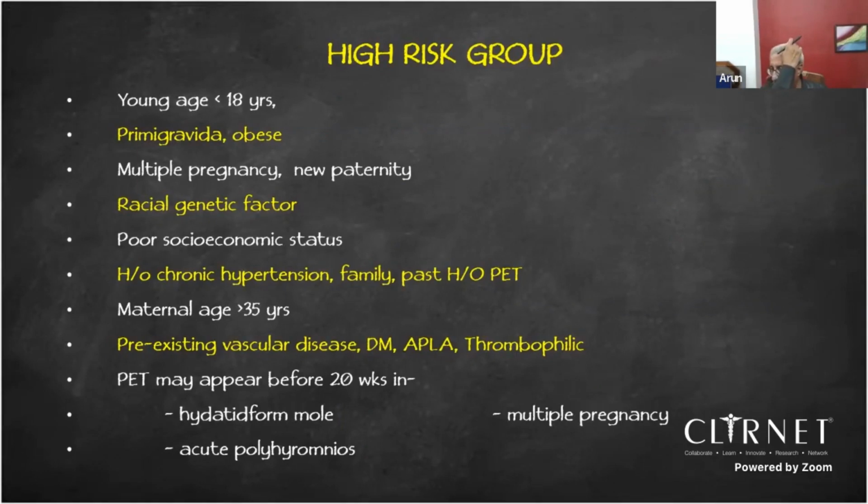So which are the patients in whom you have to suspect that they are going to develop PIH? Younger patients, less than 18 years of age, primigravida, obesity, multiple pregnancy, new paternity, where the patient is getting pregnant from another partner. Racial genetic factor.